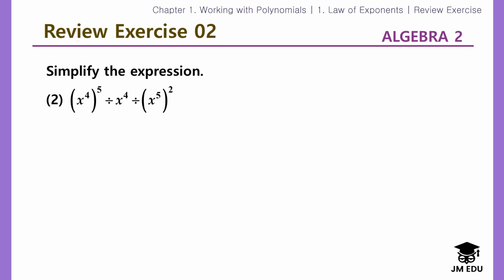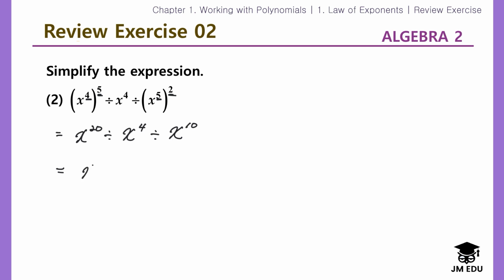Number 2, we have x to the 4 to the power of 5. So 4 times 5 gives us x to the 20, divided by x to the 4, divided by x to the 5 times 2, that's 10. So if it's a division, we have to subtract exponents, right?